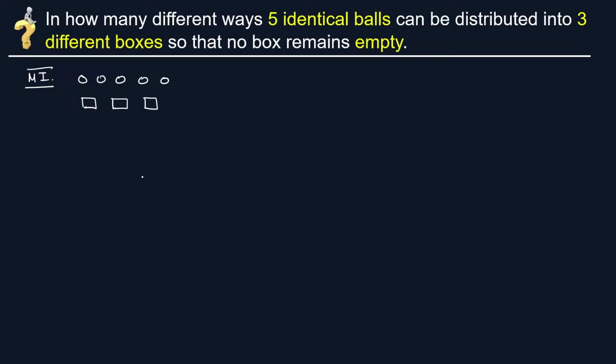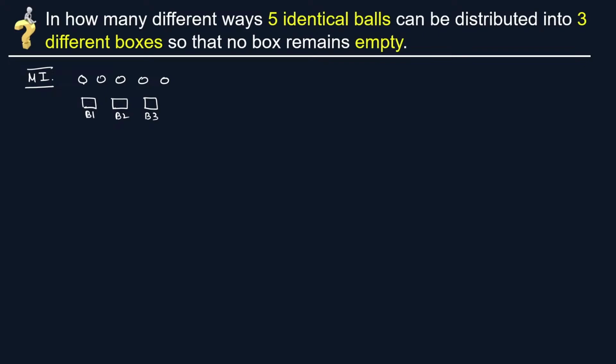Now, since they have said that no box can remain empty, say this is box 1, box 2 and box 3. So what I am doing here is simply giving 1 ball each to these 3 boxes. Any 1 ball, because these 5 balls are identical.